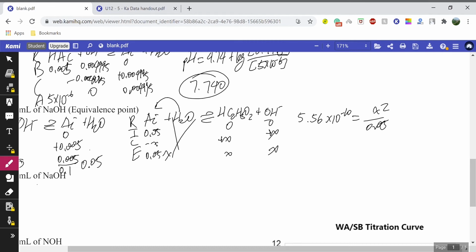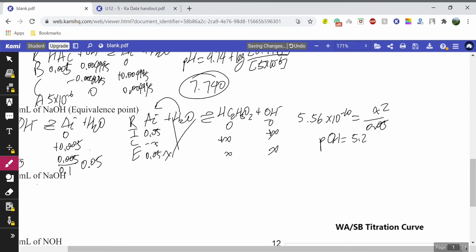Now you do 5.56 e to the negative 10th times 0.05 and take the square root of that, which will give you pH of, no, pOH, sorry, because we're using Kb, right? It's going to be pOH of 5.2726. Now we do 14 minus that number.